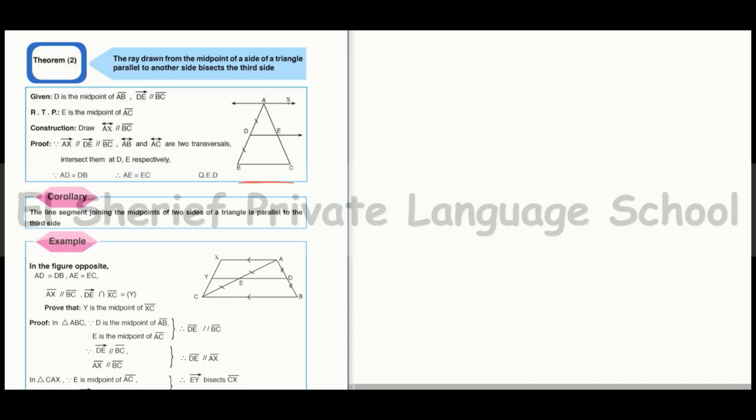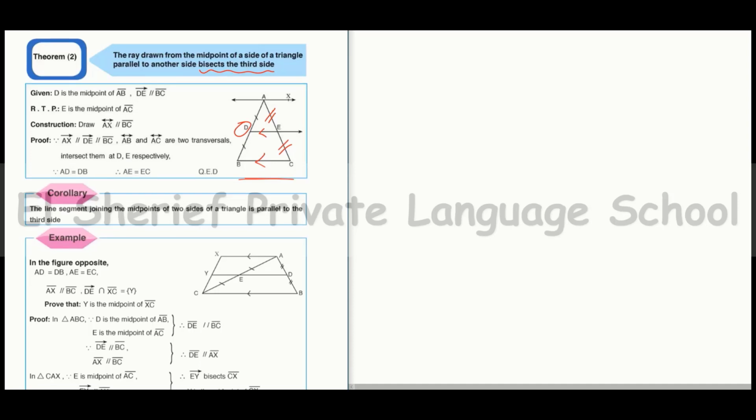If D is a midpoint of AB and ray DE parallel to BC, the side BC, after that we deduce that the ray DE bisects the other side, which is AC. So E becomes midpoint of AC. In other words, AE equals EC. Theorem 2 of the triangle.